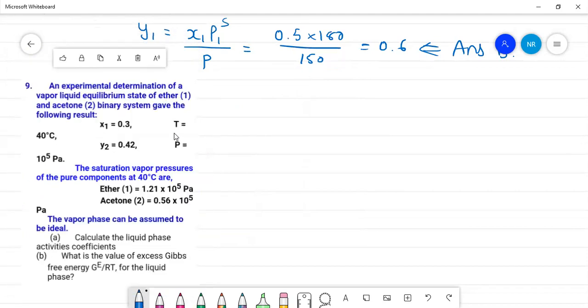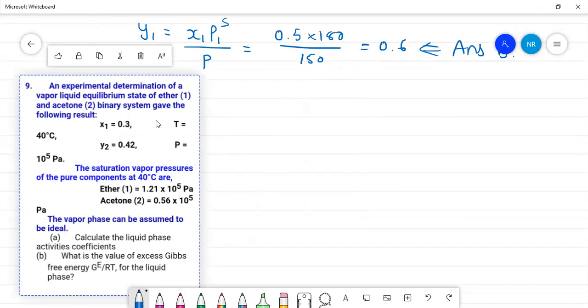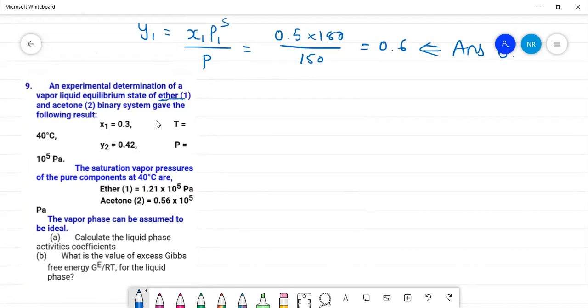An experiment determination of a vapor liquid equilibrium: state 1 ether, state 2 acetone. Binary mixture is given. X1 value given, temperature is given, Y2 value given, total pressure is given. Saturation vapor pressures P1 saturation, P2 saturation at 40 degrees are given.